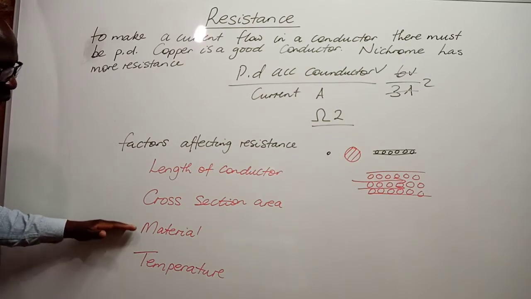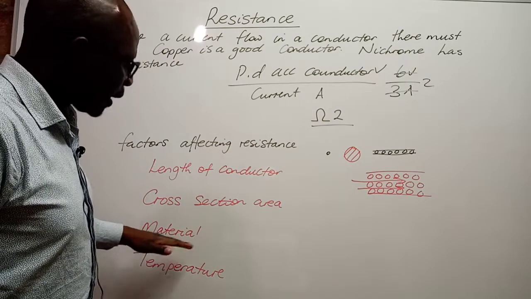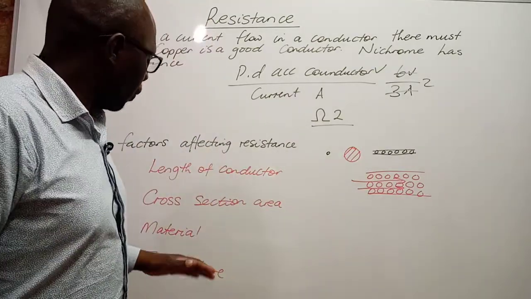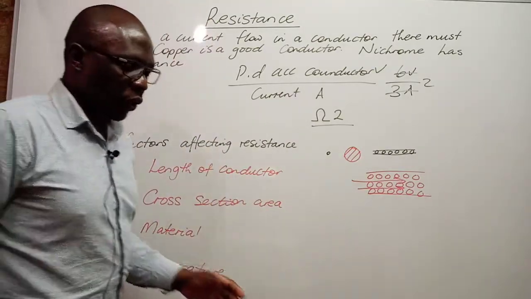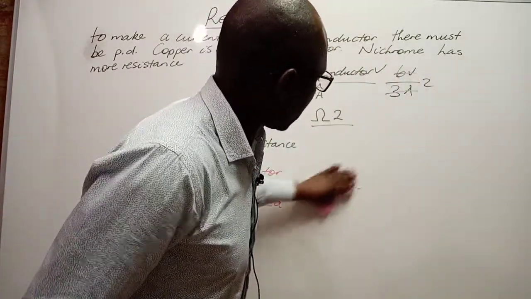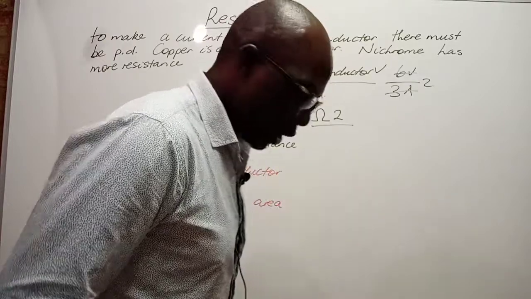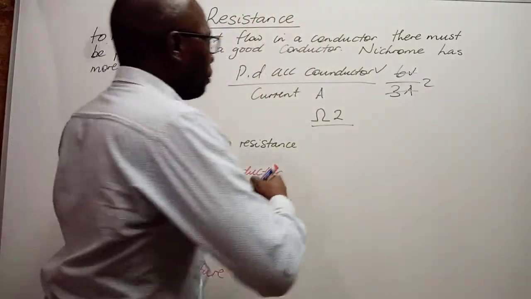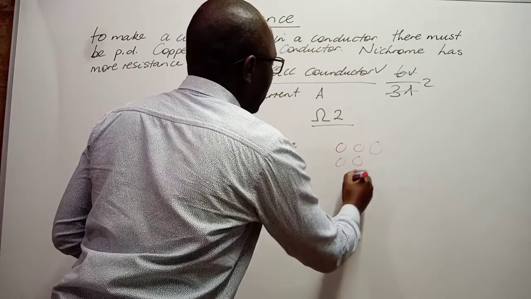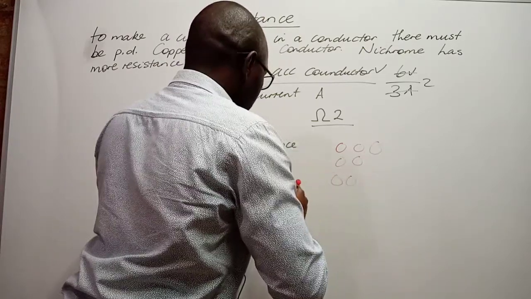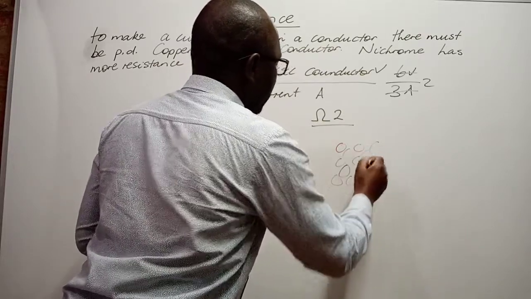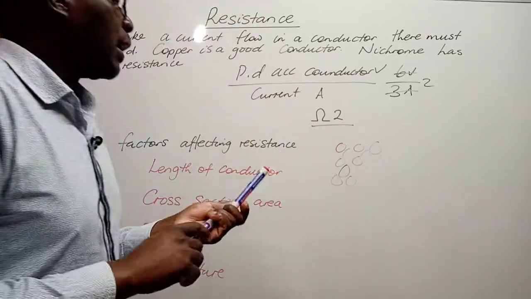And then we also look at the material that the wires are made from. So materials also play a role. Remember, when we spoke about the particles of an alloy, for example, that is how they are.